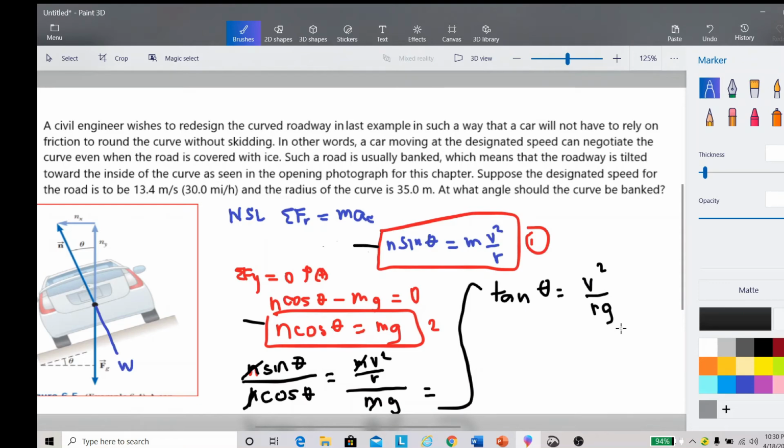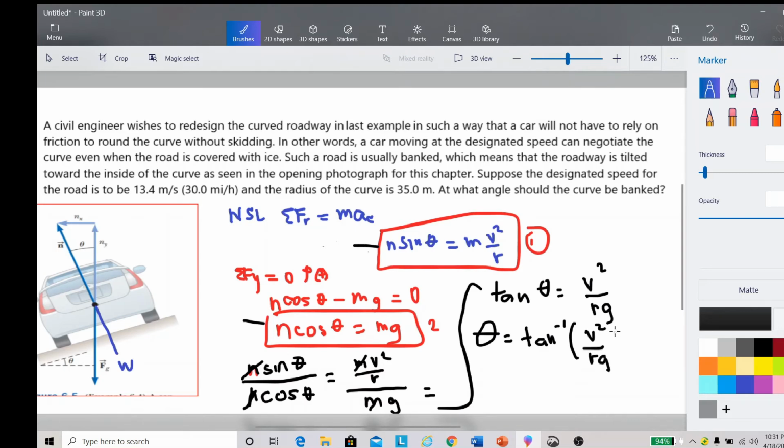That is the equation we get. Now, if we want to get theta, that is simply the arctangent of v squared over rg.